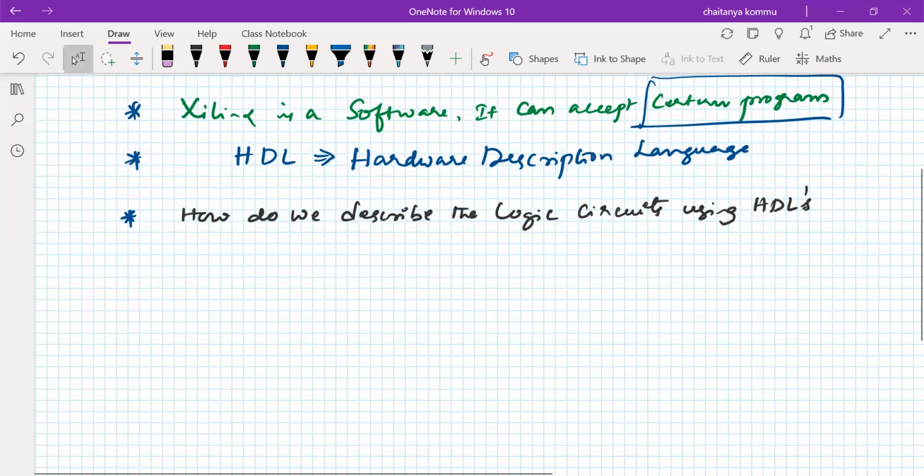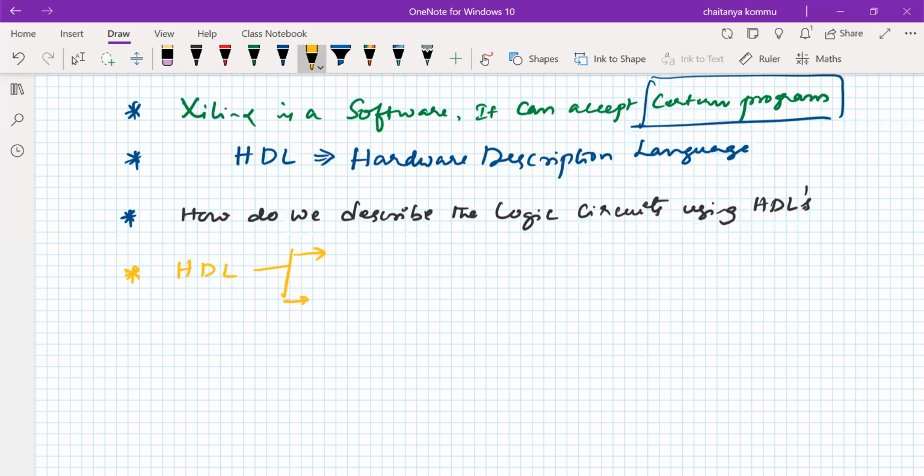Essentially there are 2 types of HDL programming that we normally use. One is Verilog HDL, and the other is VHDL, very high speed integrated circuit hardware description language.